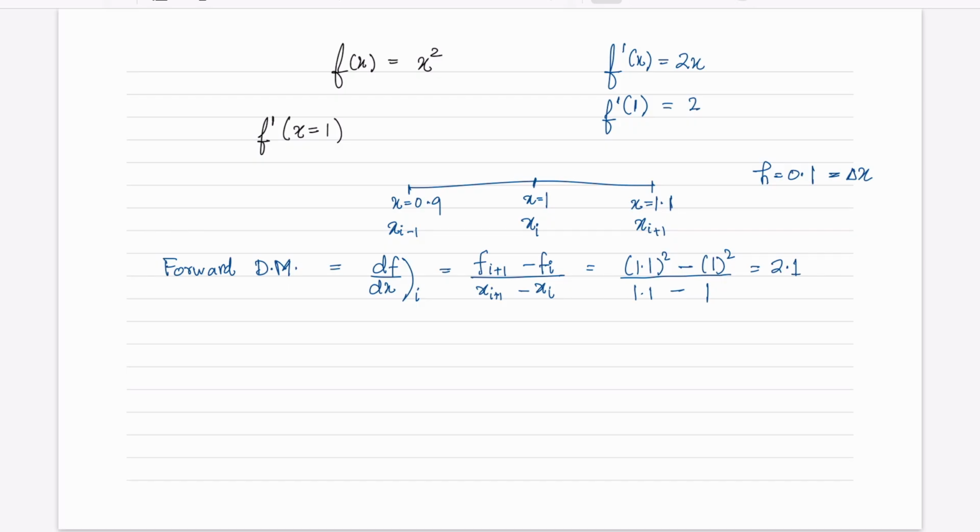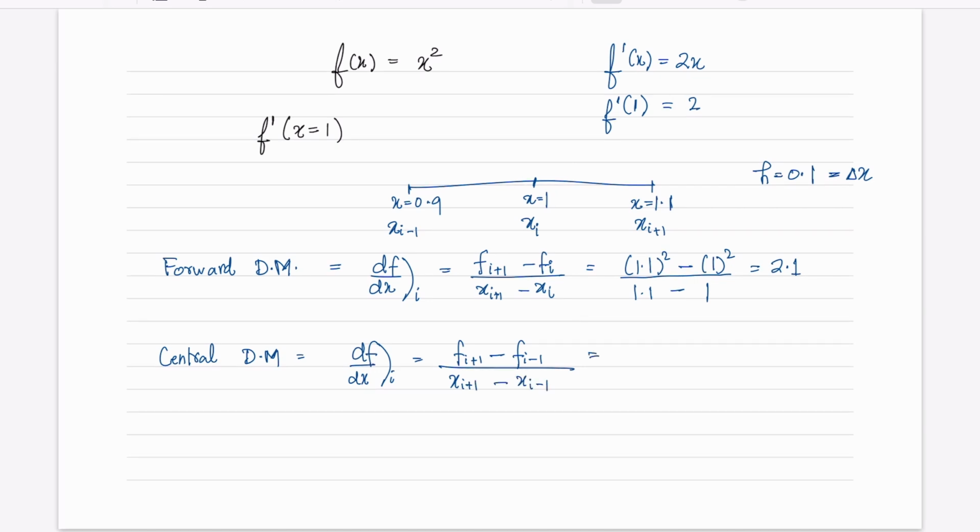But what I want to show you is that using the central differencing scheme, we can actually get slightly better estimates in the majority of situations. So for the central differencing method, we have just seen that df over dx at the i location would be f of i+1 minus f of i-1 over x of i+1 minus x of i-1.